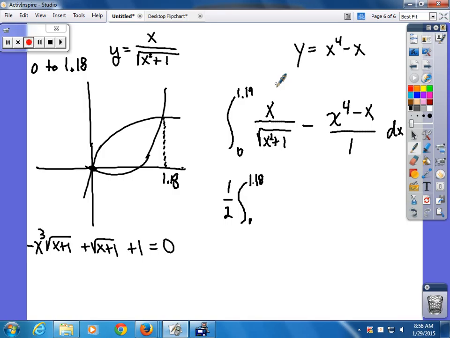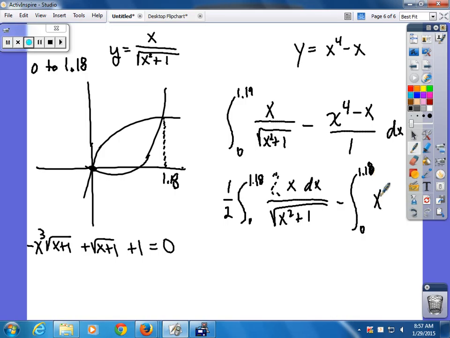That's going to be 2x dx over the square root of x squared plus 1, minus from 0 to 1.18 of x to the 4th minus x dx. You get the point.